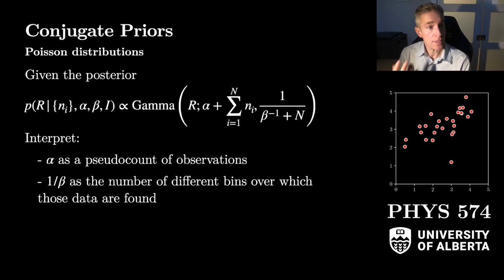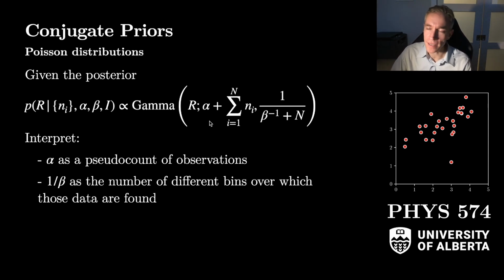All right, so once again, we have a nice posterior function with a simple functional form, which is this gamma distribution when we multiply things out and do the simplification. And that gives us these two parameters of the posterior, which we interpret alpha as a pseudo count of observations. So the ni are the number in a given bin at some number of observations.